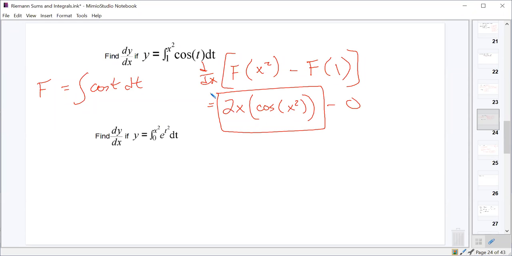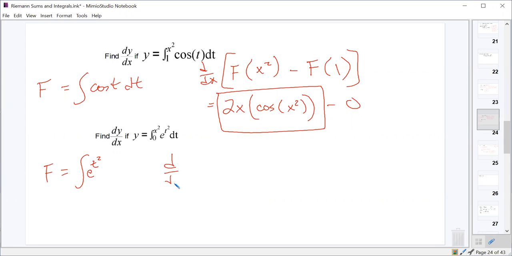Yeah, that's chill. Wonderful. All right, so what should this next one then look like? Let's let F equal the integral of e to the t squared.